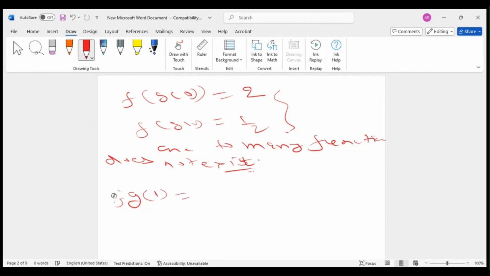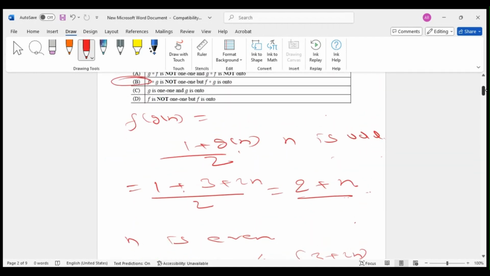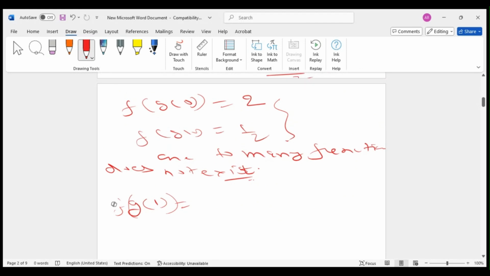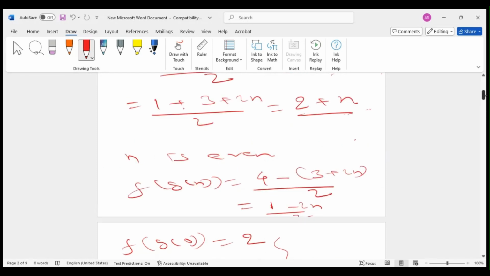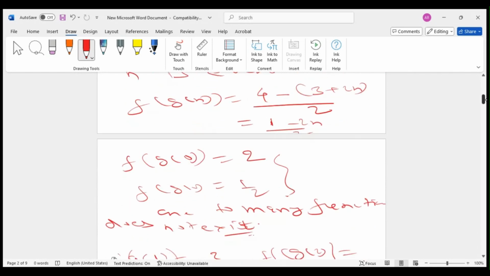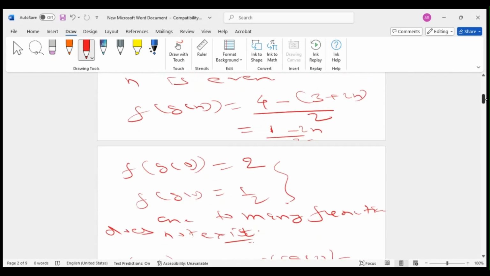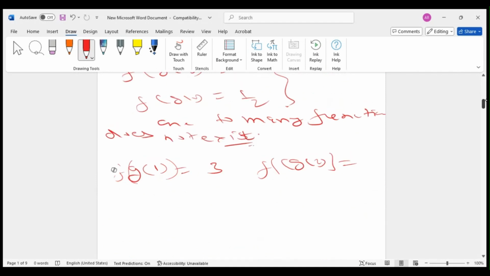For g of 1, we will get 2 plus 1, 3. For g of 2, we put this value in the even equation: 1 minus 2n by 2, means 1 minus 4 by 2, which equals minus 3 by 2.